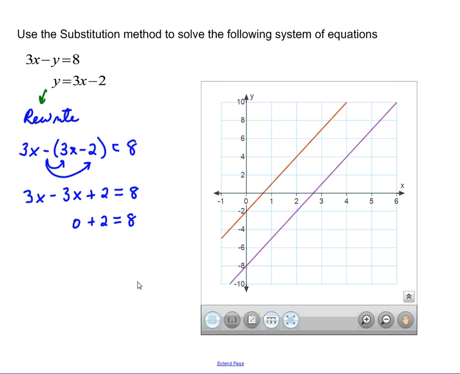So in this case, what we've actually verified for ourselves is that when you get a statement that is not true, an inconsistent value right here, we say that this is an inconsistent system. So our solution to this system is to say that it is inconsistent. That is, no solution. I'll do my best with writing that. No solution.